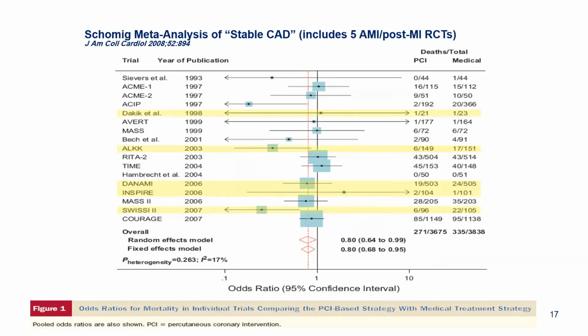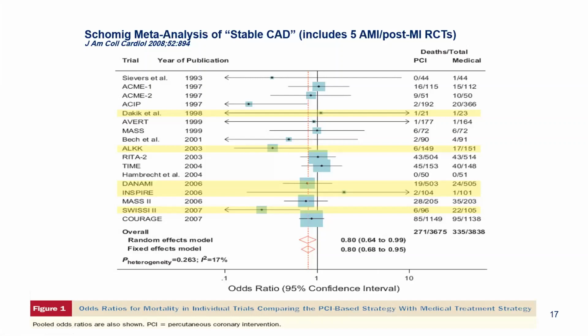And so they found that, overall, by combining the results of these studies, there was an overall benefit for PCI. In other words, if the odds ratio here was less than 1, then it favored PCI. If it was greater than 1, then it favored medical therapy.